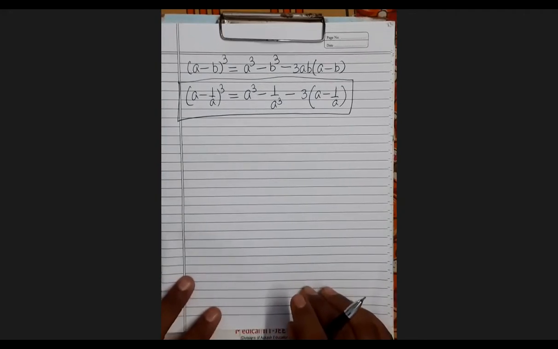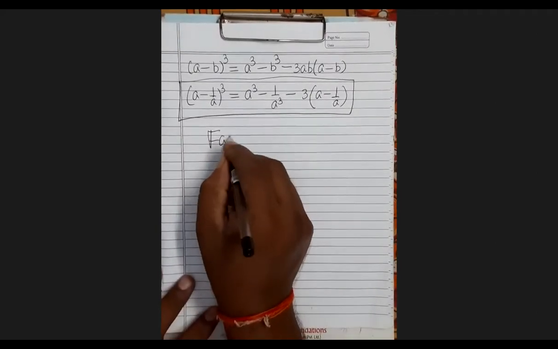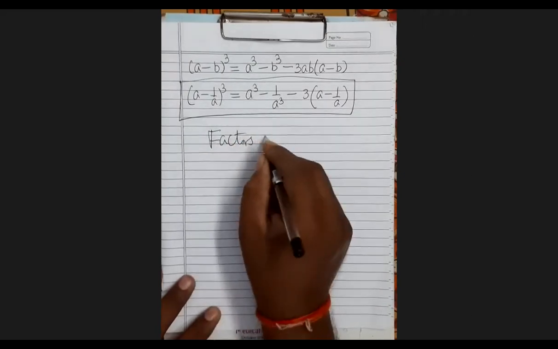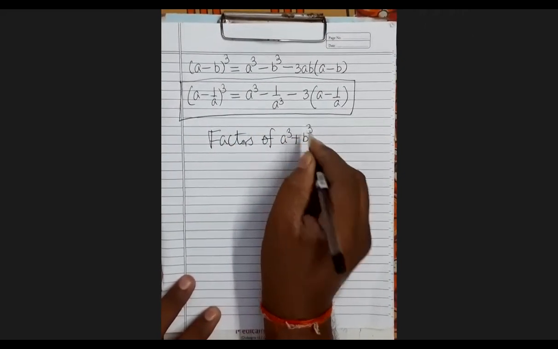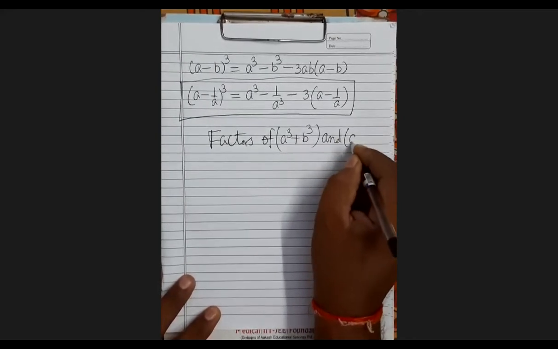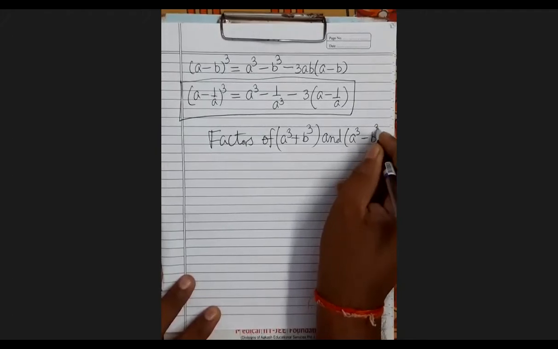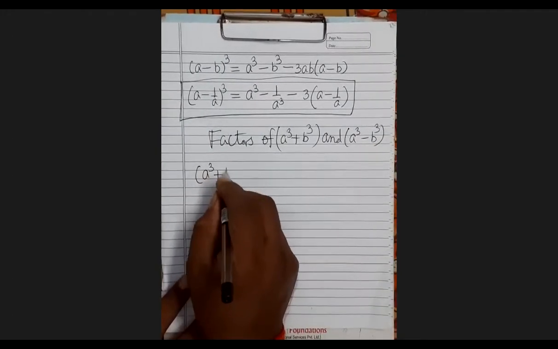Then after that, there are the factors of A cube plus B cube and A cube minus B cube. What will be the factors of A cube plus B cube?